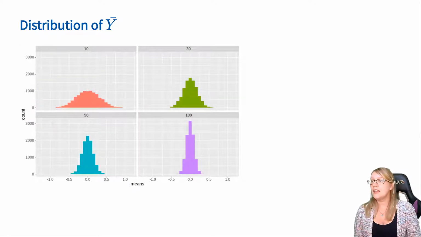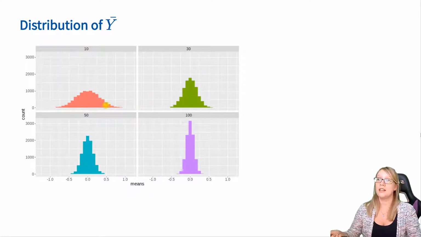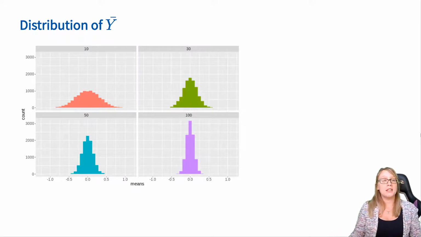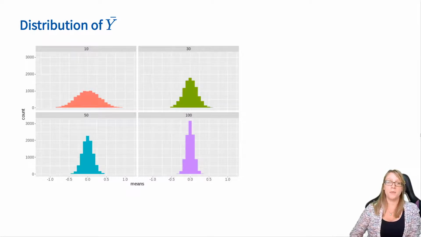Now, let's think about what this distribution of the sample mean looks like. Here we have some simulated data. This is in fact simulated from a normal distribution with multiple sample sizes. Here you see a sample of size 10, a sample of size 30, a sample of size 50, and a sample of size 100. This is simulated using a standard normal distribution, so the mean is 0 and the variance is 1 for the underlying population.